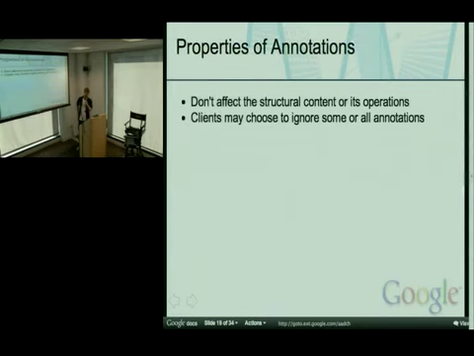Because annotations are usually used for more decorative markup like style or just some extra metadata, it's not always essential that every client paint them, and it's usually quite fine for clients to ignore annotations that they don't know how to render, because most of the key content is in the structure.